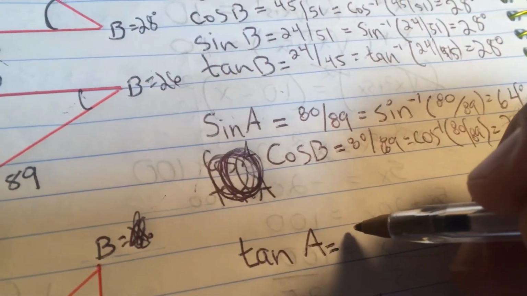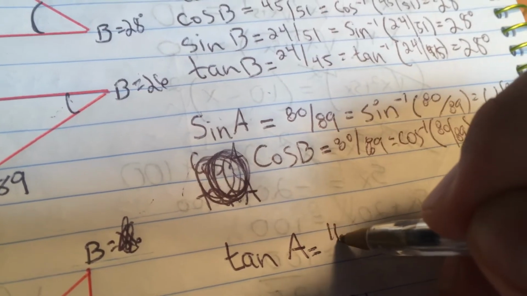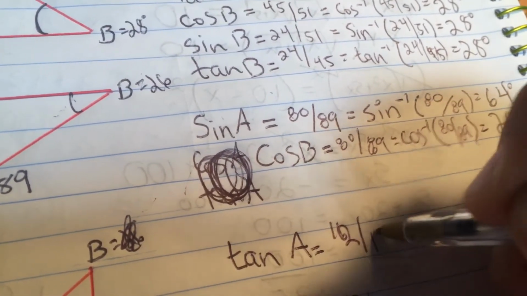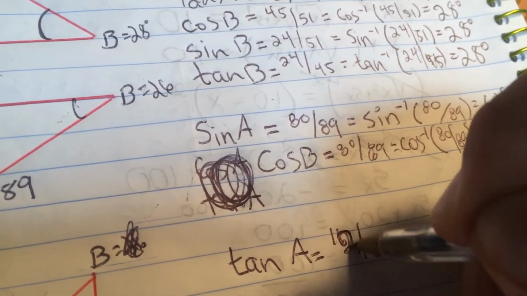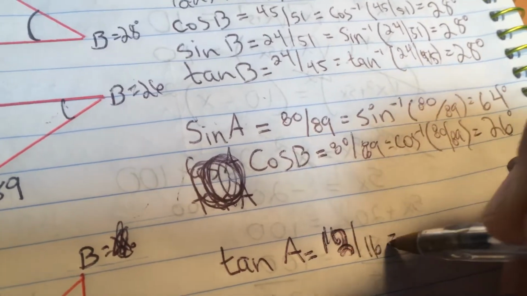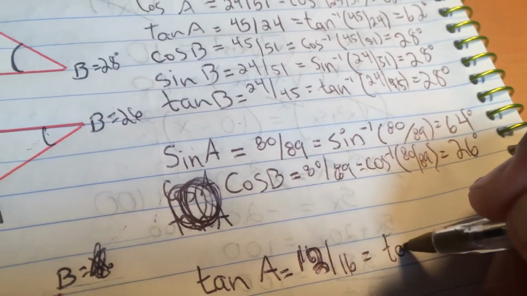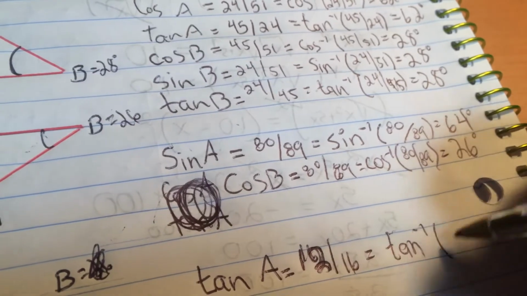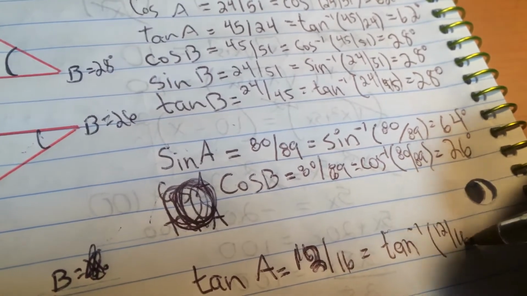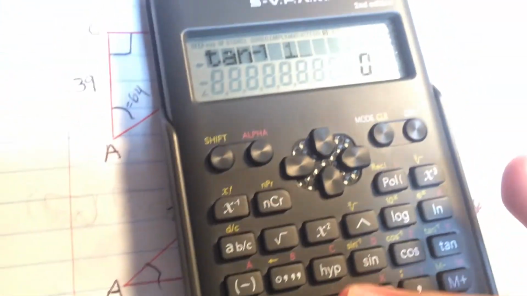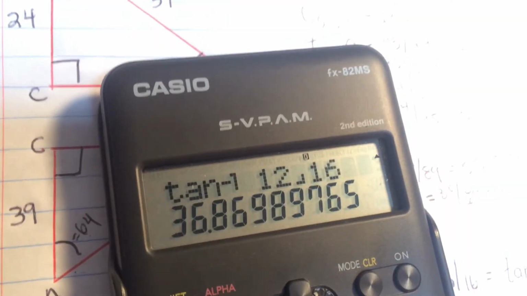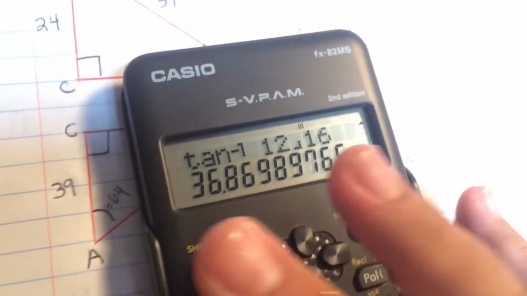So tangent of A is equal to 12 over 16. So inverse operation, inverse tangent of 12 over 16, 39. Okay, let's round up, 39.